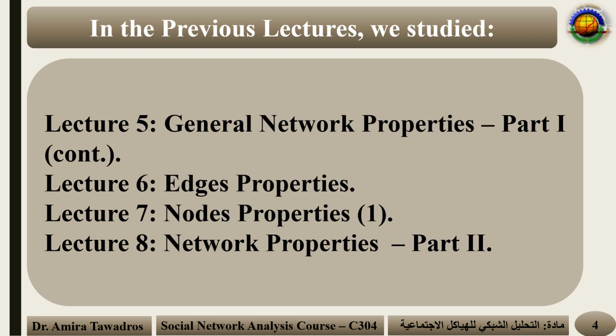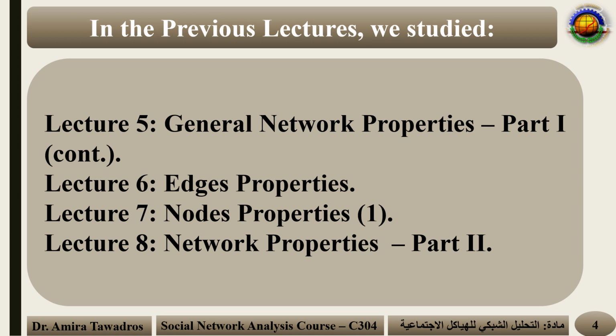In lecture 5, we continued to study the general network properties, and we discussed concepts like network degree, and the degree of the nodes inside this network, and how we can calculate network degree from nodes degree. And then we discussed the concept of degree distribution, and I think you did an exercise with the teaching assistant at the sections in order to know how you can calculate degree distribution.